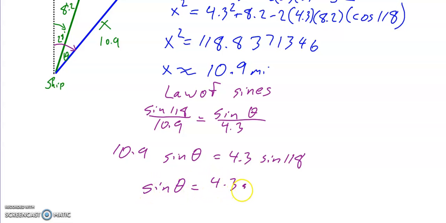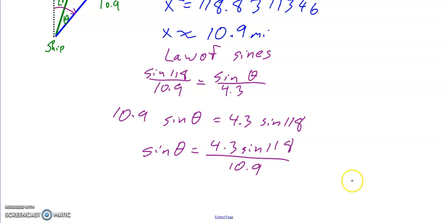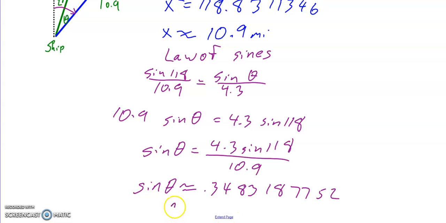So sine of theta equals 4.3 sine 118 over 10.9, which is about 0.3483187752. I take the inverse sine of that, and we find out that theta is about 20.4 degrees.